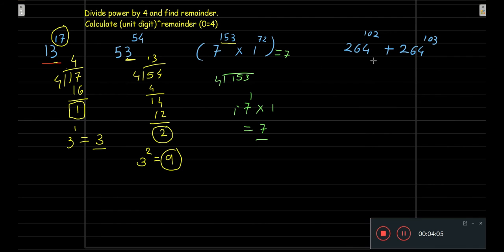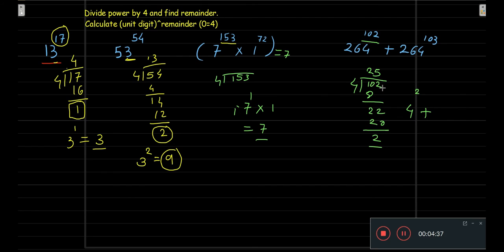Now in the same way, find the unit digit of this expression. For that purpose, 102 divided by 4 gives remainder 2, so the unit digit of 4 is raised to the power 2.